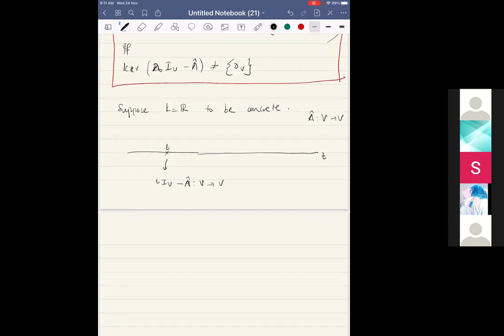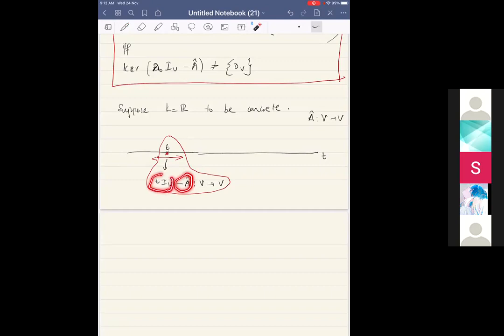So you can imagine that I have a machine: as I slide this point along the real line, for every point I have a linear map V to V, which is built out of Â. The only thing that changes is this part of the linear map; this part does not change.